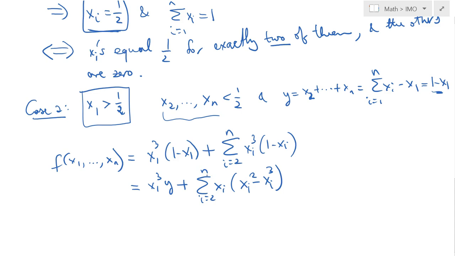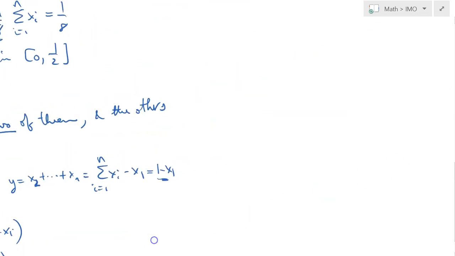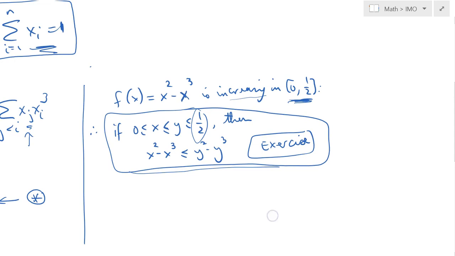Now I know very well that if I replace these xi's, each of which is less than 1/2, with y, which is the largest value they can take, because of this monotonicity condition, each of the x2, x3, all the way to xn is less than y.